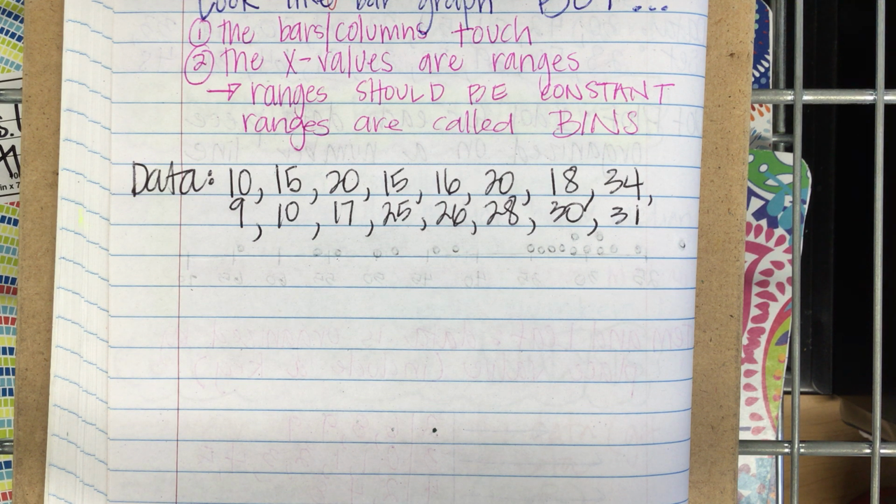So we're going to make a histogram, but before we make a histogram, we have to take our data and divide it into ranges, right? We have to divide it into our bins. This is sometimes the hardest part for students because you think that your bin widths are the same, but you haven't counted it out. So I'll help you out in the beginning.